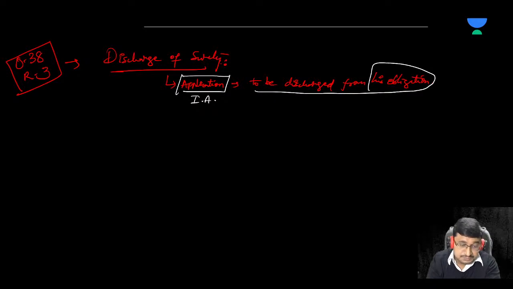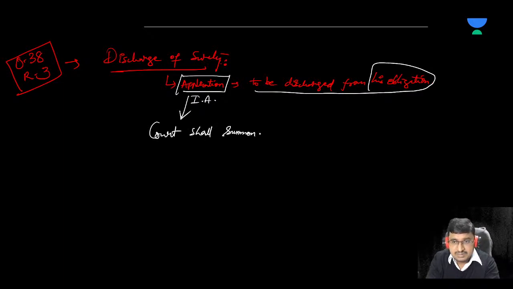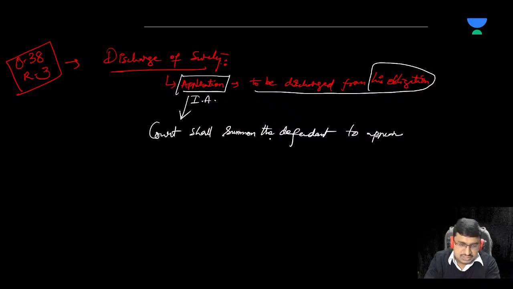Therefore, on such application, once he files the interlocutory application for his discharge, the court shall summon the defendant to appear before the court of law, or if the court thinks fit, the court may issue the warrant.